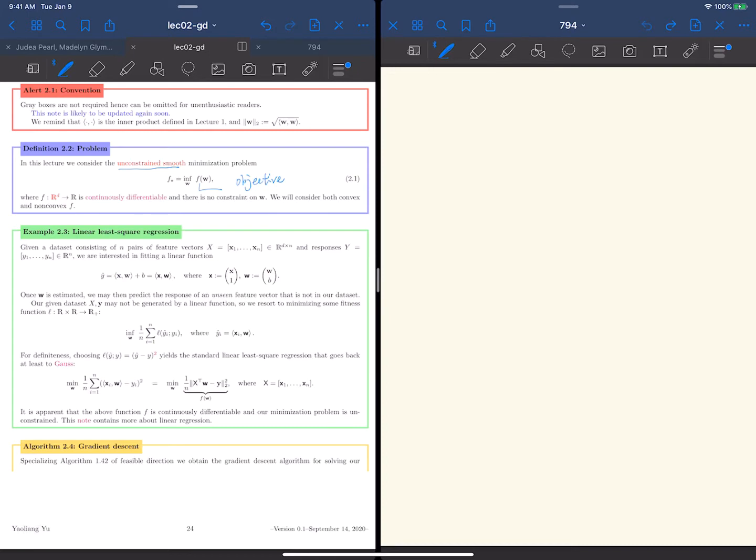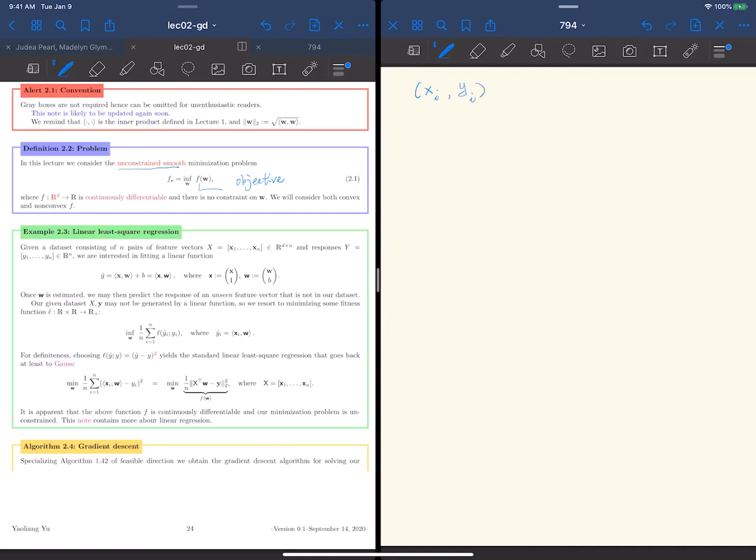we look at the linear least squares regression problem. This is a problem where you are given a data set consisting of n pairs of points. You're given xi, which is a feature vector, and yi.